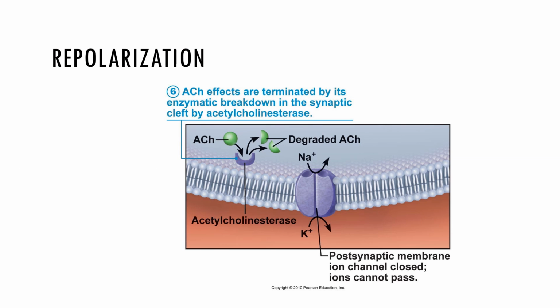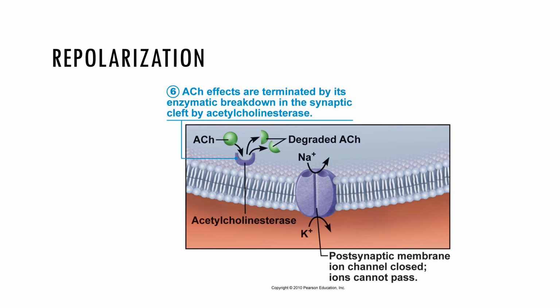Now, repolarization of the sarcolemma also has to occur. Immediately after the depolarization wave passes, the sarcolemma's permeability changes once again. Acetylcholine is removed from the synaptic cleft by acetylcholinesterase, causing the sodium ion channels to close, while the potassium channels finally open in a delayed response.